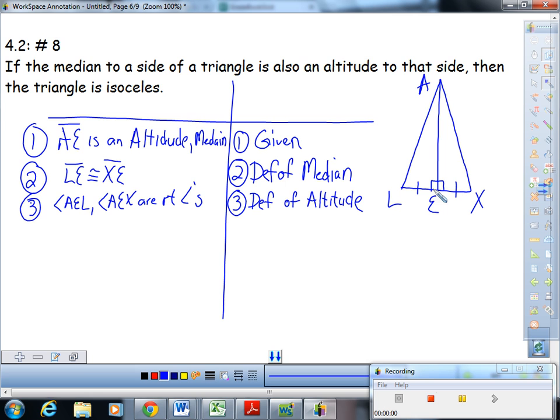In your minds, you might be thinking HL, but it's not. Okay? We can say that AE is congruent to itself by reflexive.